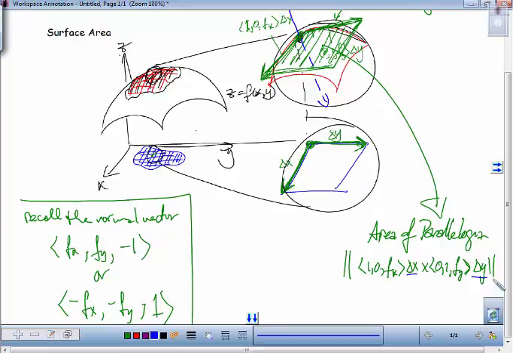This was scaled by delta x and delta y, and when you're inside of a magnitude and taking the cross product, there are properties we talked about where you can take the scalars out. So you take the scalars out and you get the magnitude of the cross product. And the magnitude of this, regardless of which way you cross it, is fx squared, fy squared, and 1 added together under a square root. So that's your big formula.